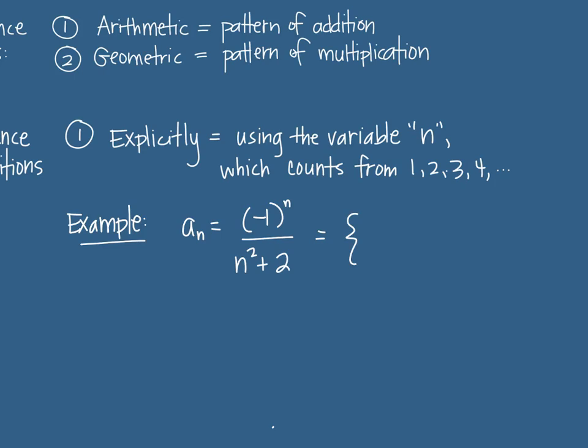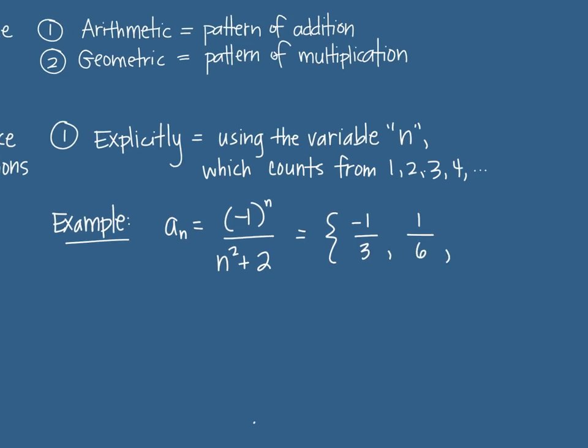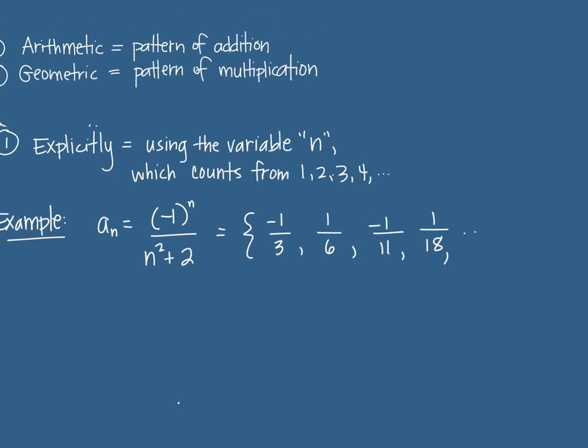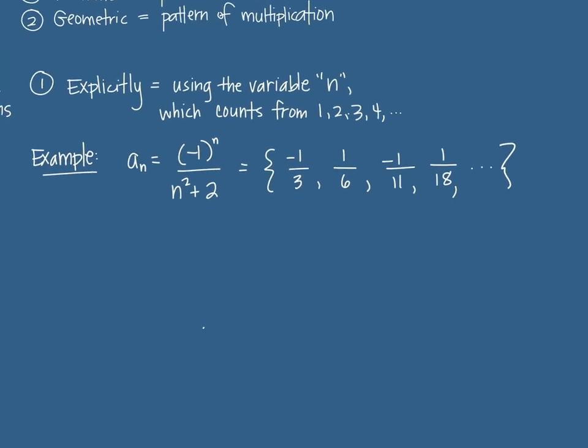So you plug in the number 1. When you plug in 1, you get -1 on the top and you get 3 on the bottom. When you plug in the number 2, what do you get on the top? +1, and you get 6 on the bottom. You plug in the number 3, you're back to -1 on the top with 11 on the bottom. And then 1 over 18, etc. So this is an explicit sequence. It's infinite. And we'll be talking about, does that sequence converge toward a particular number, or does it diverge?